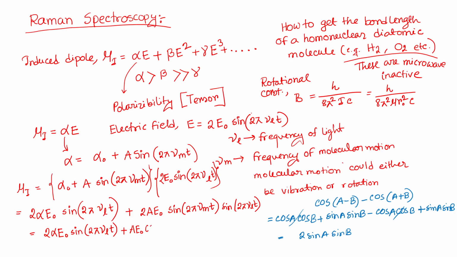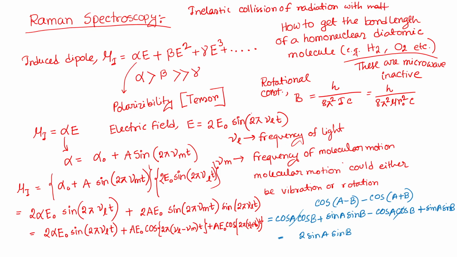That is cos(a minus b), so that would be cos 2π(ν_L minus ν_M)t, and another part would be cos 2π(ν_L plus ν_M)t. So in one case, this is an inelastic collision of radiation with matter.